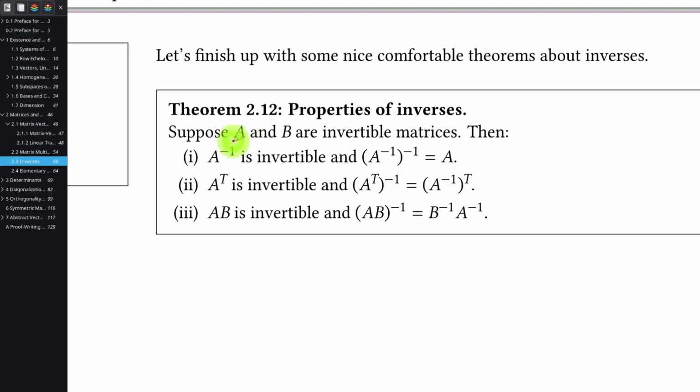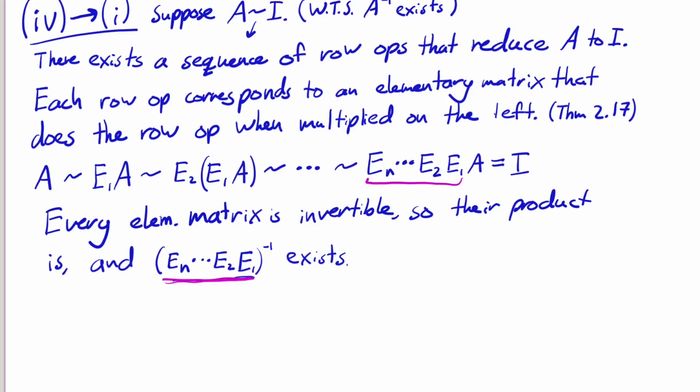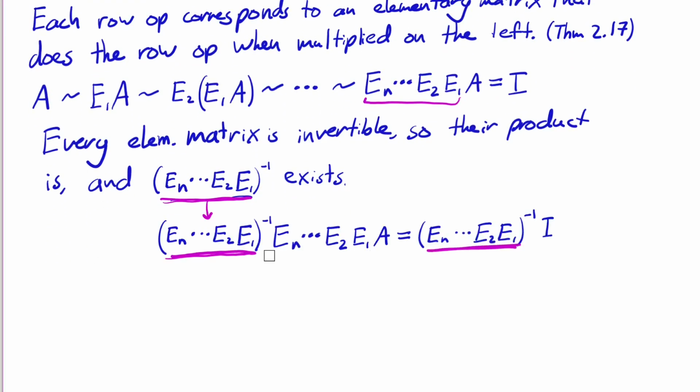If instead of A and B, we have these elementary matrices, the inverse exists, and we can multiply by it. So here we're multiplying both sides of this equation by the inverse of these elementary matrices. And we know we can move parentheses around.